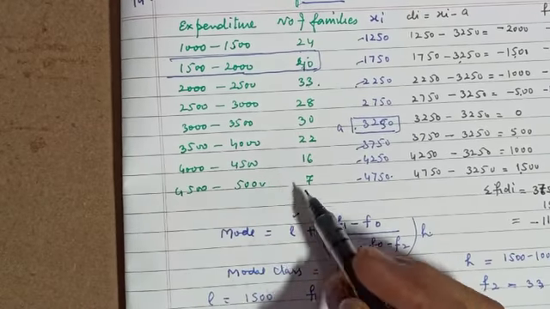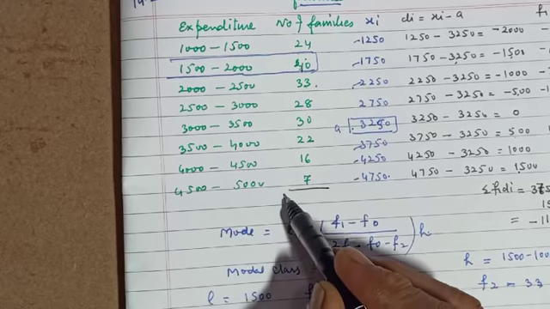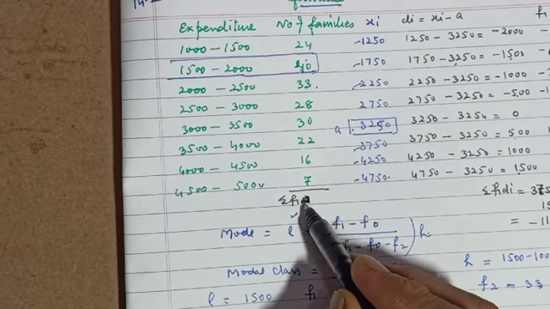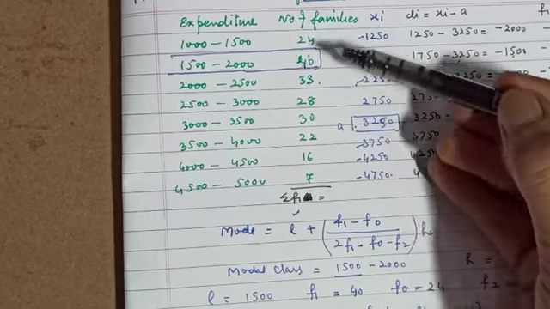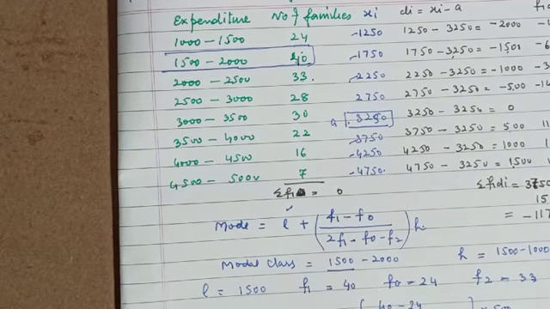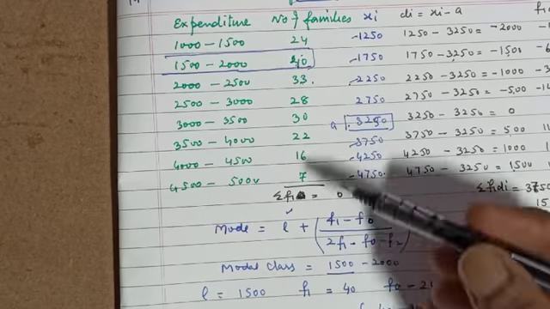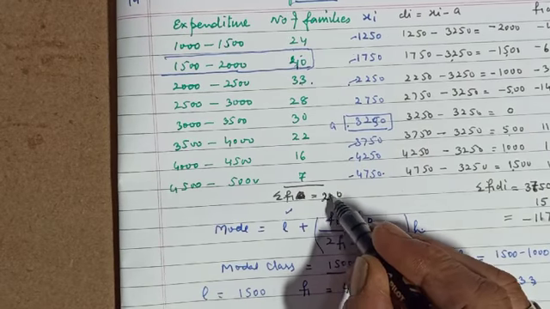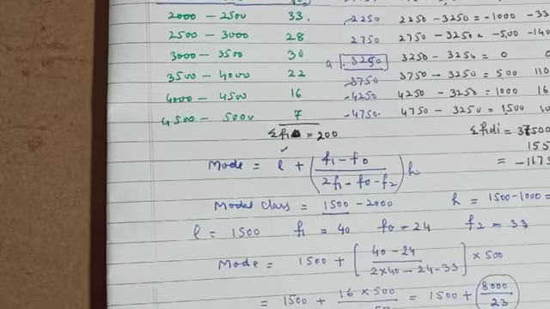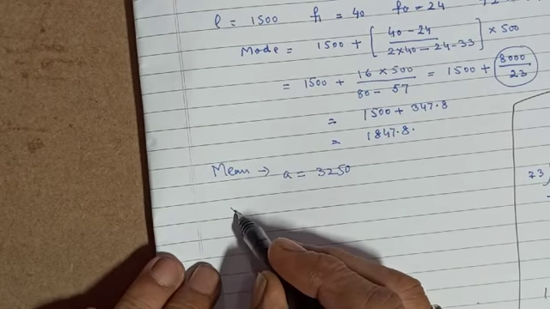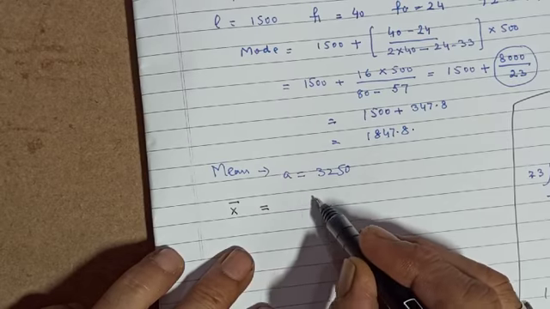Now we also have to find out the value of sigma fi, and sigma fi is 200, and we have the formula to calculate mean.